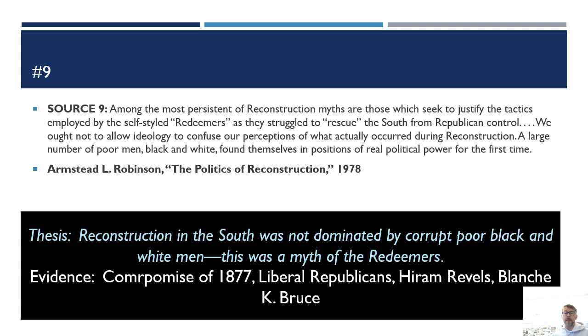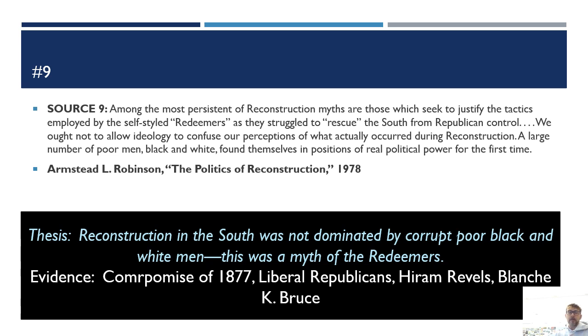Source 9 is looking at the myth of the Redeemers, the Democrats who took over Southern states in the 1870s. These Redeemers tried to justify what they were doing by saying that black rule during Reconstruction was corrupt, and therefore they were fixing the state's politics and cleaning up these corrupt African American leaders.